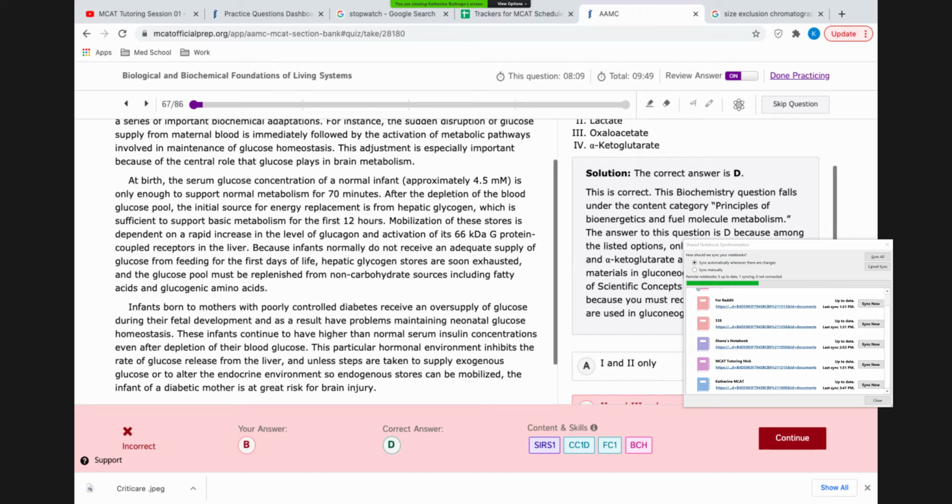It should be here. I still don't see anything about alpha ketoglutarate.